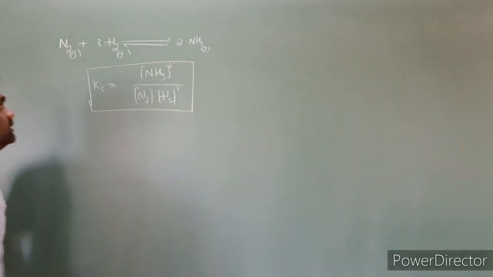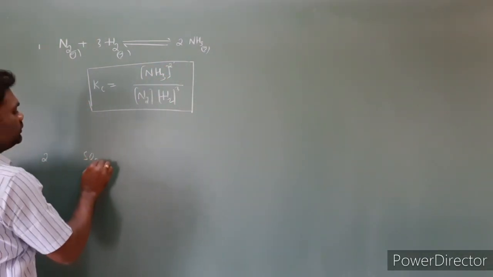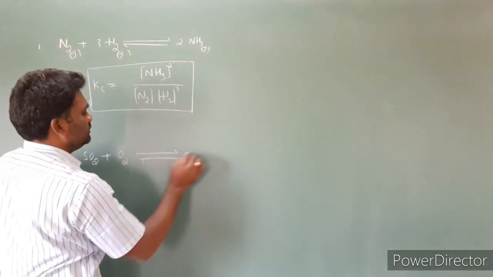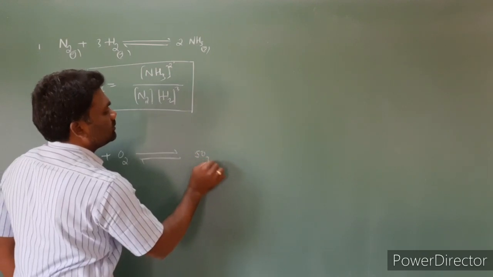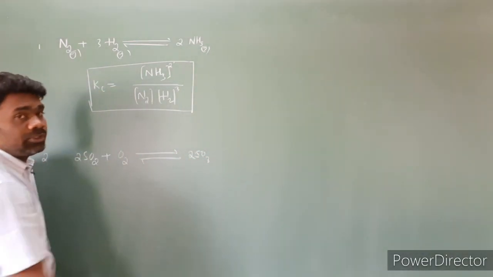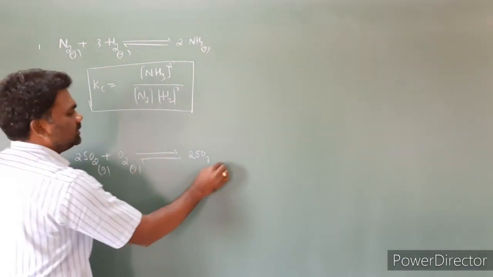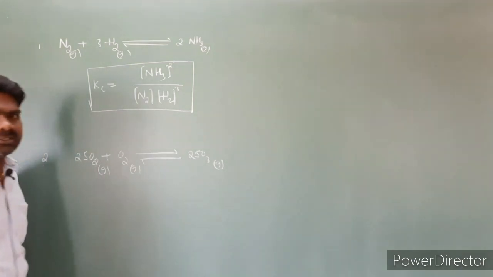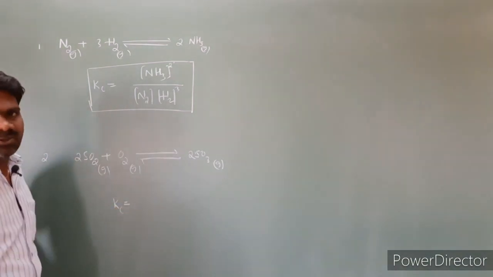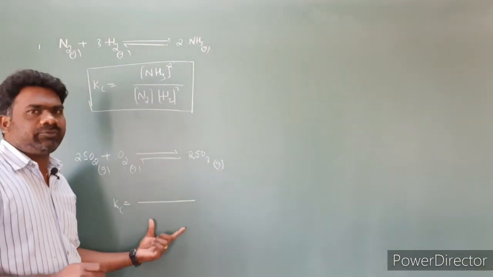Let us take one more example. I'm taking SO2 plus O2 gives rise to SO3. So in this case, 2SO2 plus O2 gives rise to 2SO3. SO2 is a gas, and SO3 is also a gas. So Kc is equal to concentrations of products by concentrations of reactants.